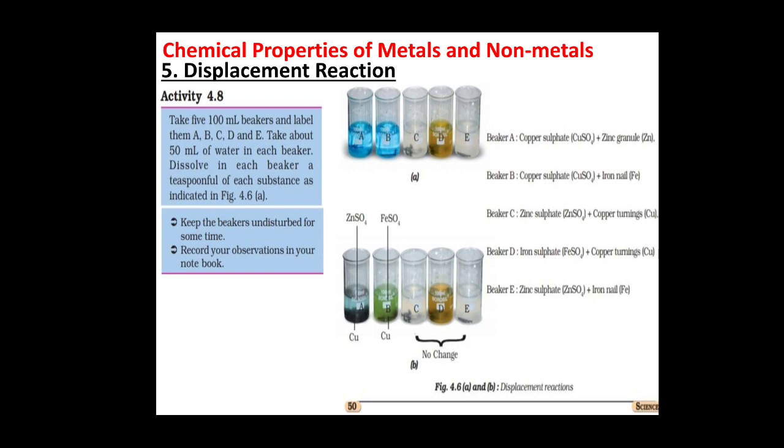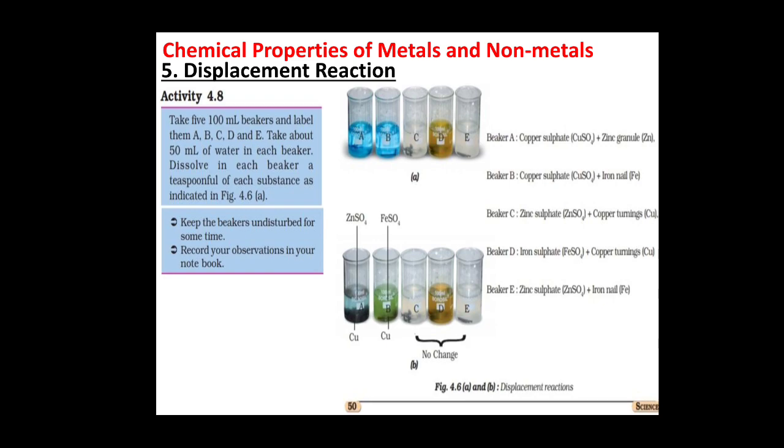You just see that in beaker A, what is the example? Beaker A is having copper sulfate and zinc granule. Beaker B is also containing copper sulfate, plus iron nails are dipped into it. Zinc sulfate plus copper turning in beaker C. In beaker D, iron sulfate and copper turning, and in beaker E, zinc sulfate and iron nail.